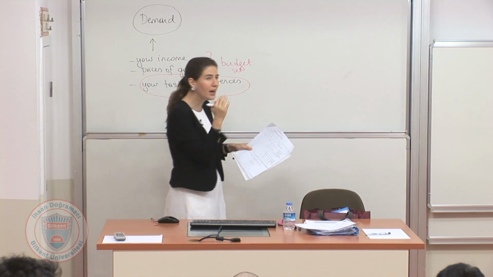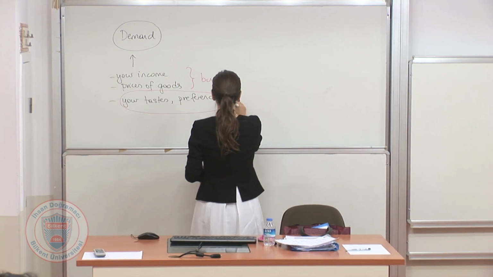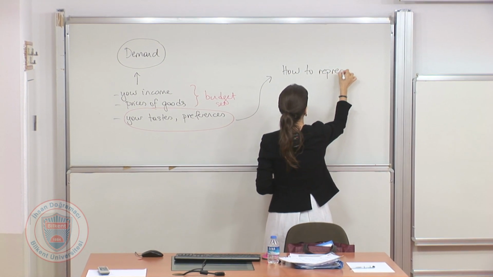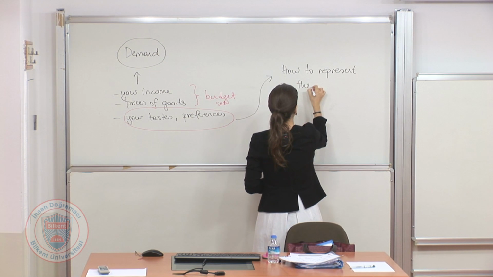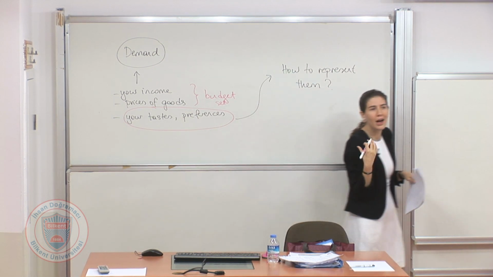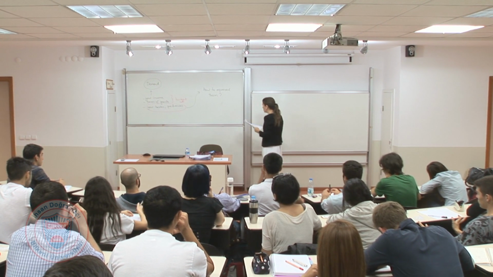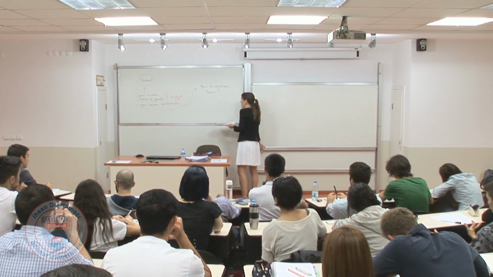I'll define what that is, but the issue is how to represent them formally. How can we represent the statement that I like an iPhone 6 more than Samsung S5? How are we going to say this formally?